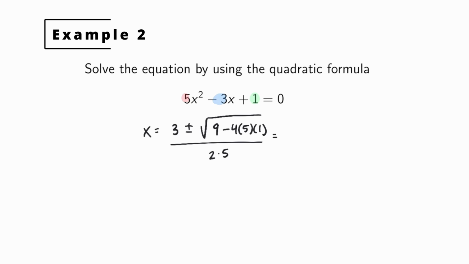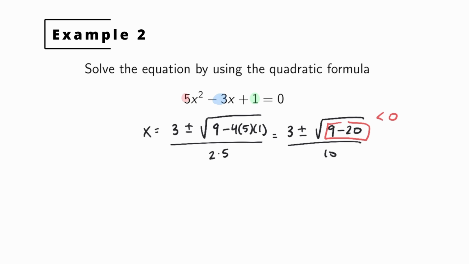Now what we end up with here is 3 plus or minus the square root of 9 minus 20 over 10. However, 9 minus 20, that is a negative number. And so there are no real numbers that are the square root of a negative number, right? We get negative 11 in there.